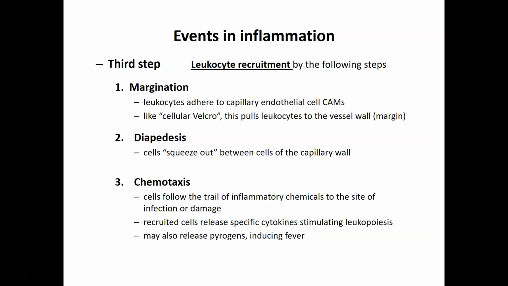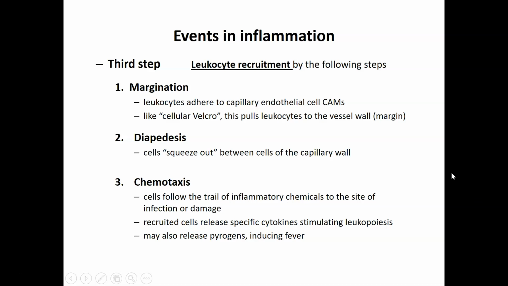So it's going to move up this concentration gradient of these pro-inflammatory chemicals, and that's going to bring it to the site of tissue damage or infection. So this is called chemotaxis. Chemo means chemical, taxis means movement. White blood cells are going to move up this chemical trail.